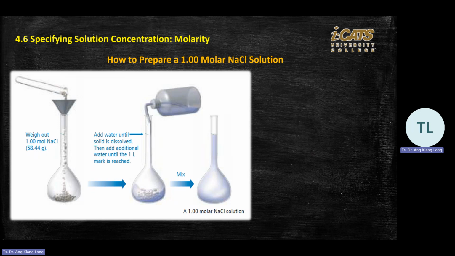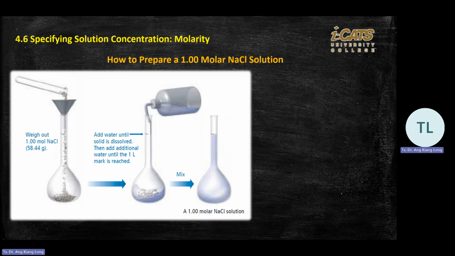Cl? 35. So if you add these two together, you'll get 57 something. So 57 something gram of NaCl will equal 1 mole.